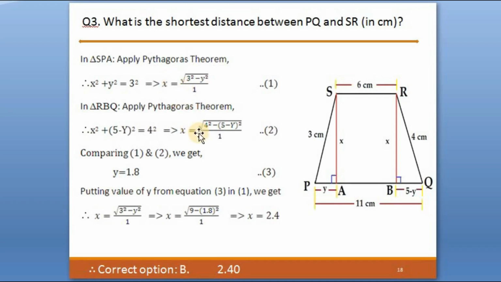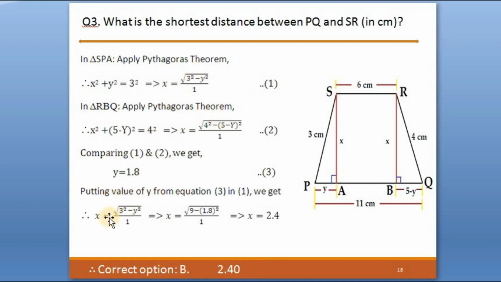Now comparing 1 and 2. By just comparing these two simple equations, we can easily get the value of y, that is 1.8. Now by putting y in either of these two equations, first or second, we can get the value of x.